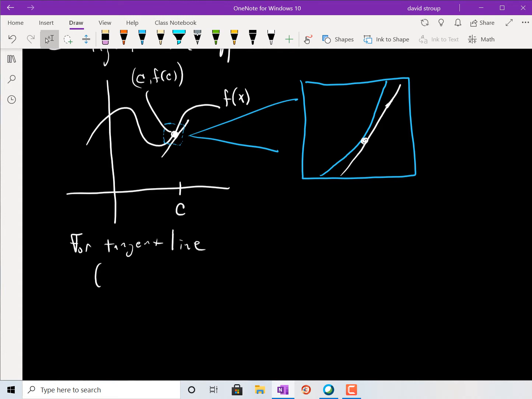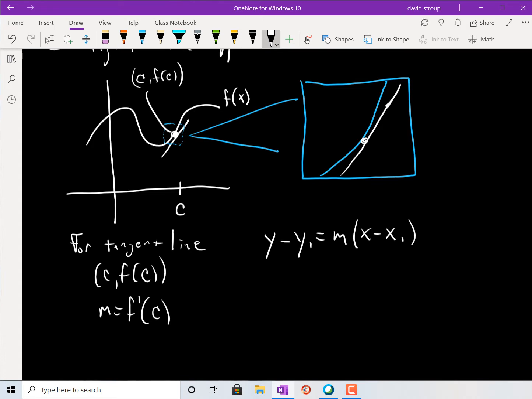So the slope will be the derivative of the function evaluated at c. Then we just go to our point slope form, y minus y1 equals m times x minus x1, and substitute in our values. So we have y minus f of c equals f prime of c times x minus c.